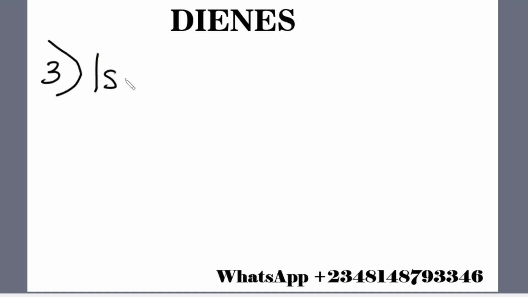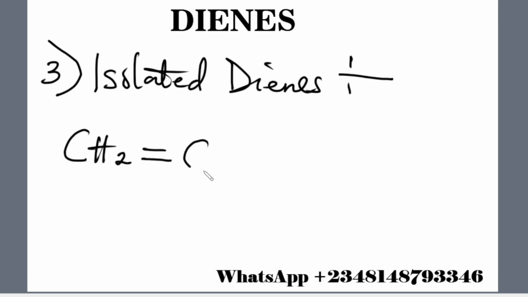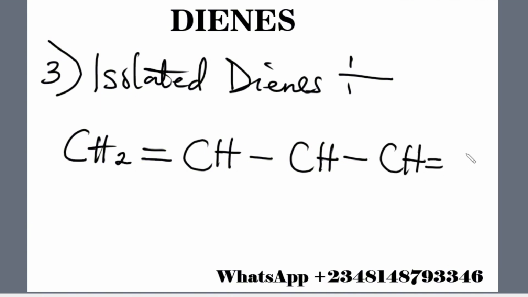Finally, let's look at the third type of diene, isolated dienes. An isolated diene has two double bonds separated by more than one single bond. Let's take an example. We have CH2 double bond, CH single bond, CH single bond, CH double bond, CH2.